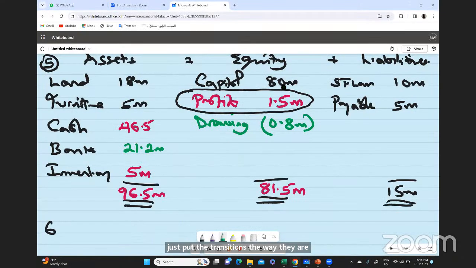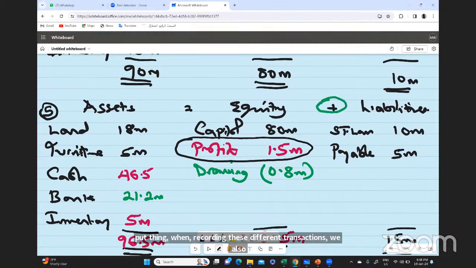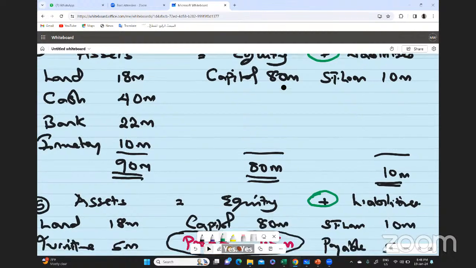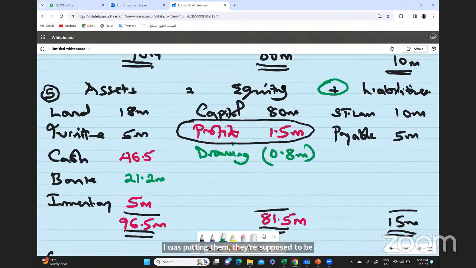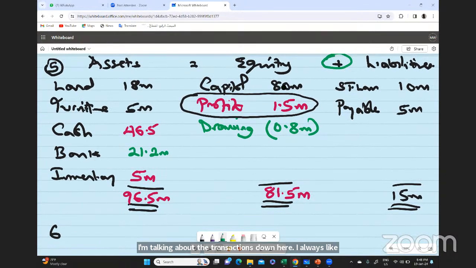For example, plus capital and then short-term loan, yet the equation is owner's equity plus liabilities. So when we are recording these different transactions, we also put the plus. You mean these? Yeah, like here. Yes. I was putting them. They're supposed to be there. I'm talking about the transactions down here. Are we supposed to put, for example, capital, short-term loan, profit, payable, stuff like that?